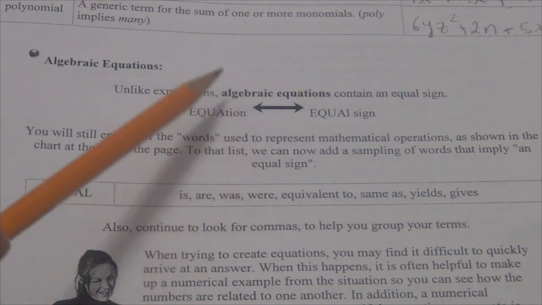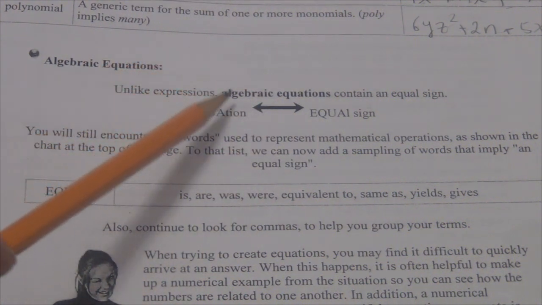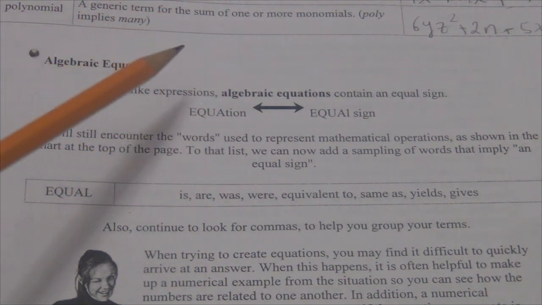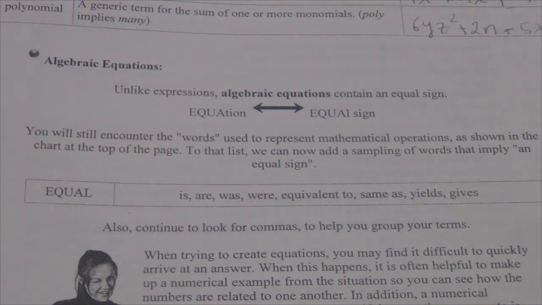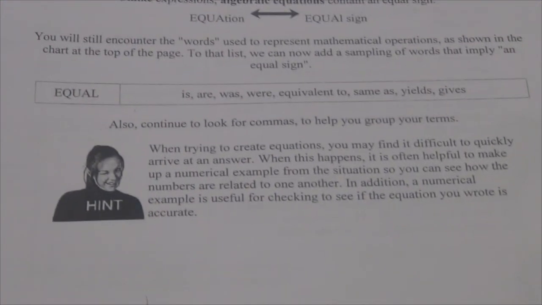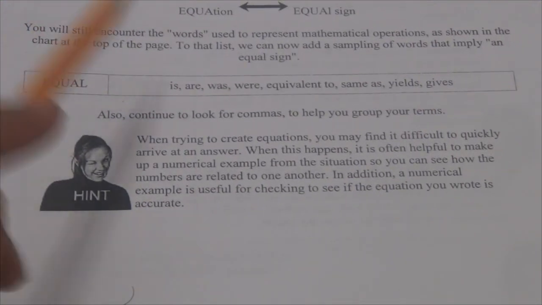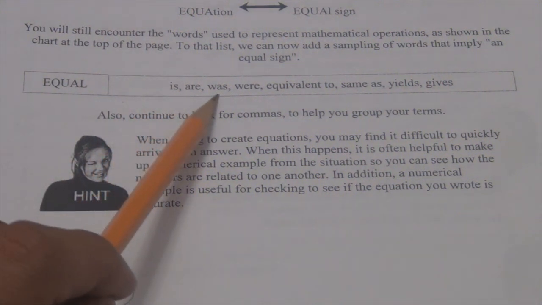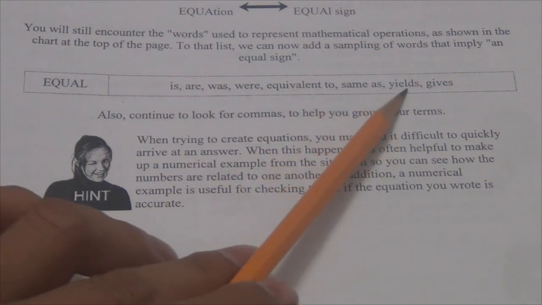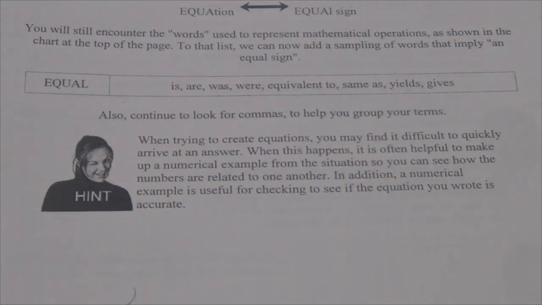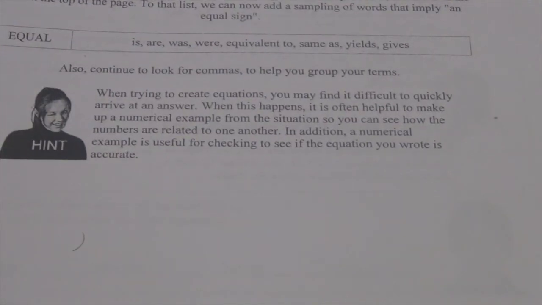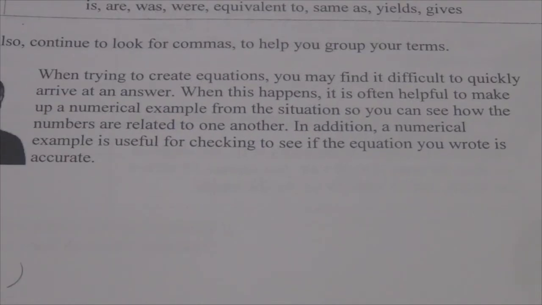The difference between an algebraic expression and an algebraic equation is that they have the equal sign. Alright? So we're good? Now, how do you know there will be an equal sign? You will hear words like is, are, was, where, equivalent to, same as, yields, gives. So basically that's what it is. Alright, now you may want to read this part, so I'm not gonna read it, you read it yourself.